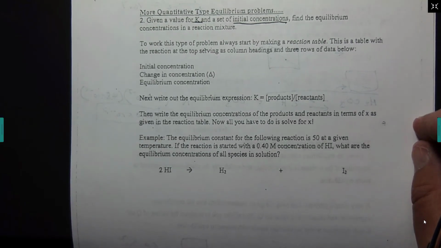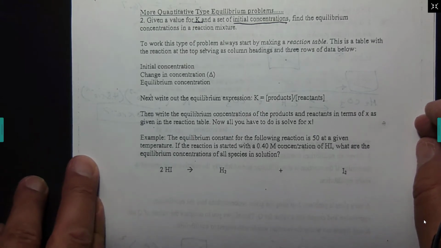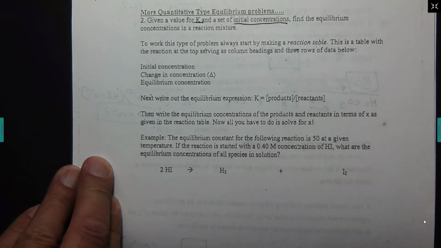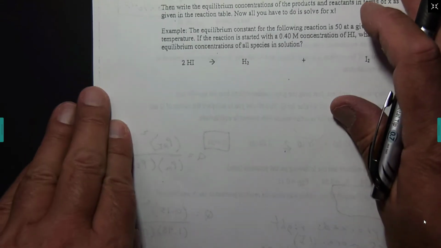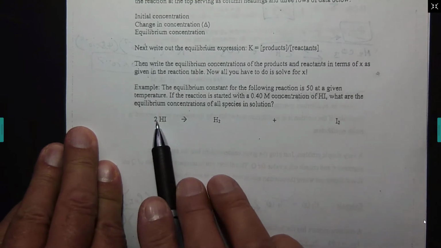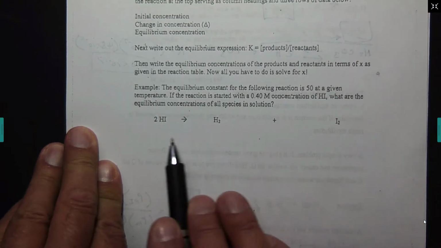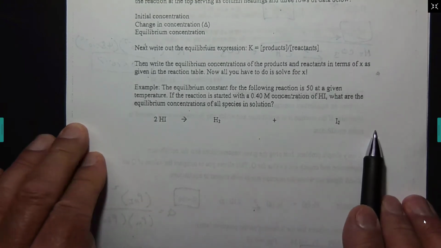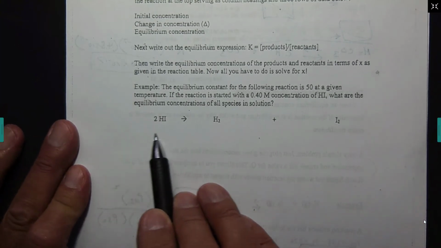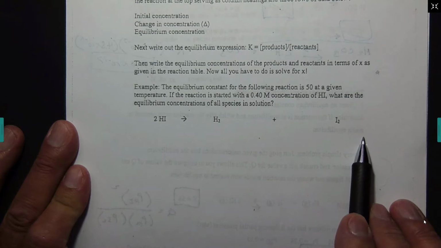Now, for these types of problems, the easiest way to work them is to make what's called a reaction table. Sometimes these are called ICE tables. You're going to use the reaction itself as the top row for your table. Then you're going to have a row where you indicate the initial concentration of everything.